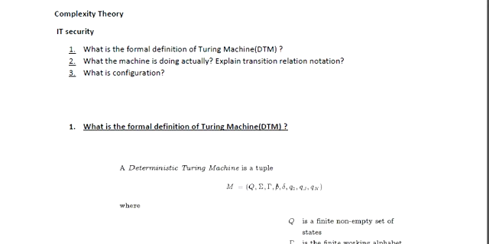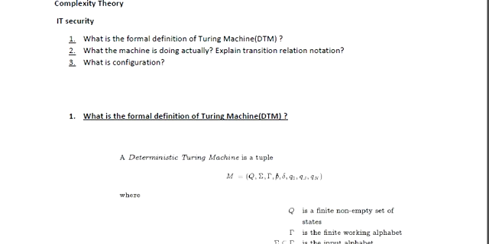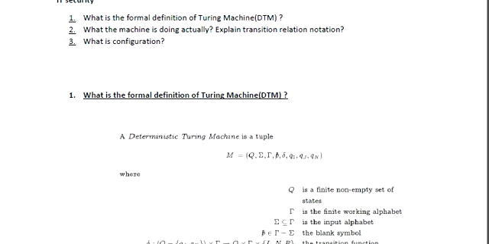Formally, a deterministic Turing machine is a tuple M that contains Q, a finite non-empty set of states. We have gamma, the finite working alphabet.